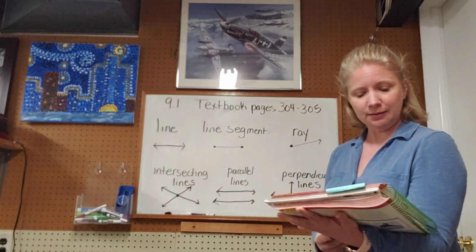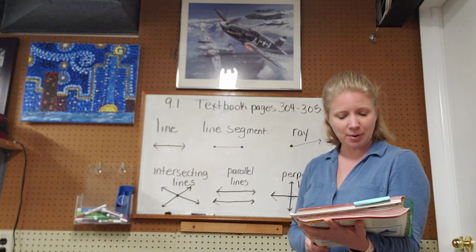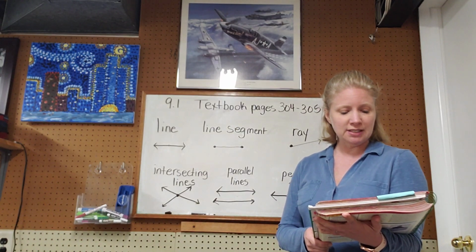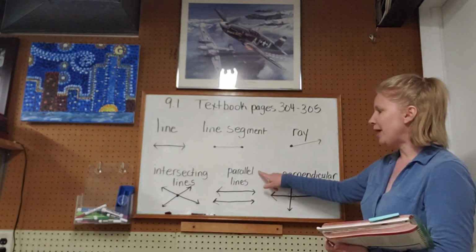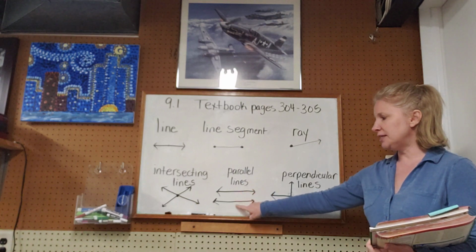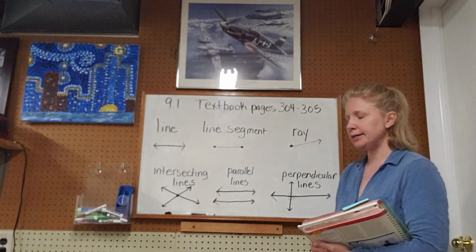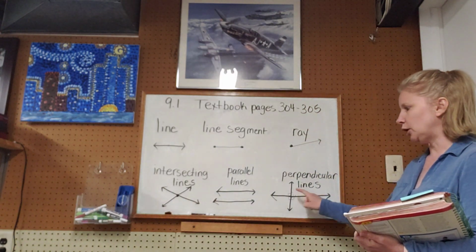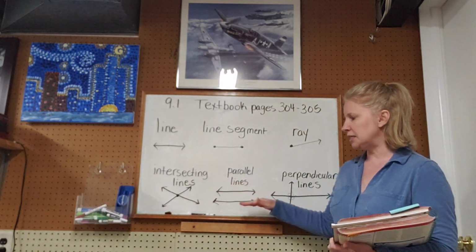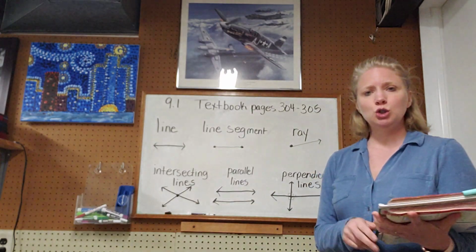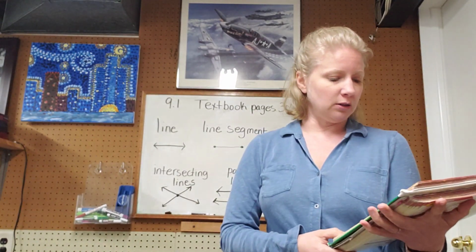Okay, number 9, using the map above, name 2 streets that are parallel. Remember, parallel means they are the same distance, they don't intersect, and they don't make a corner. They're the same distance and they continue in the same pattern. So 2 streets that are parallel.